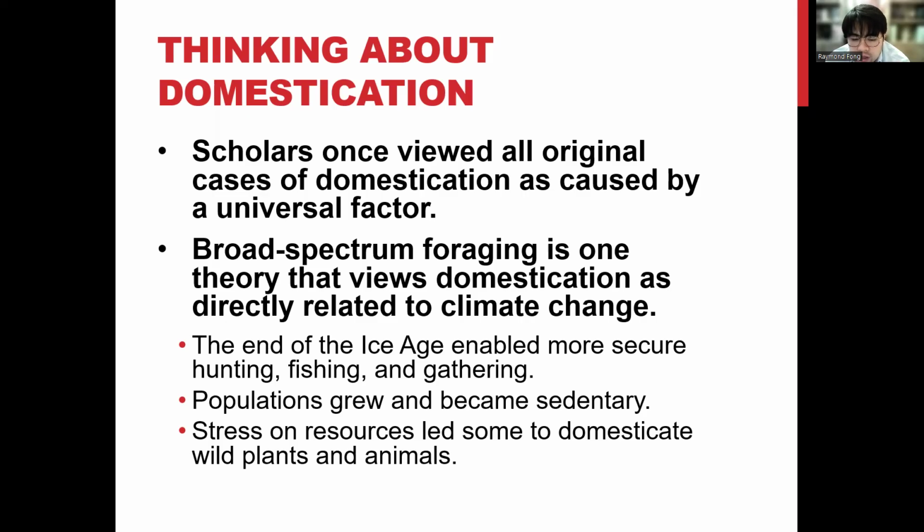And then of course, because we got more food, our societies became bigger, and then we ended up staying still. When we stayed still, we needed more and more food, and then we ended up having to domesticate wild plants and animals. That's a pretty logical process of how we got to be domesticating.